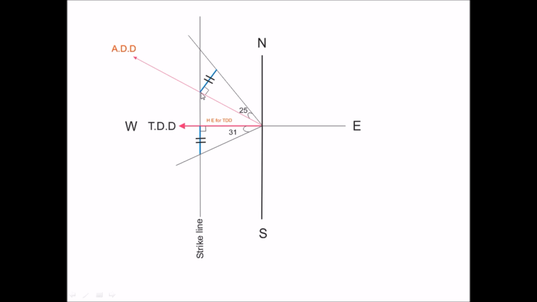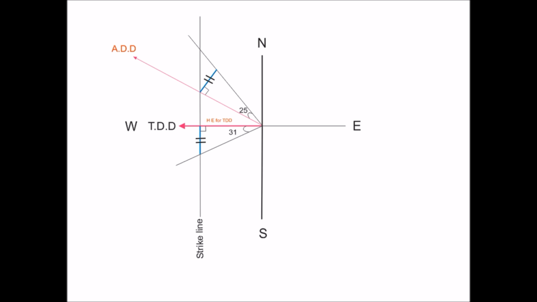So we draw a perpendicular line joining this line, and this determines the h for this given problem. So taking this h, we draw it perpendicular to the true dip direction, and then you join this from the point of origin, this point, and this will complete the right angle triangle for the true dip direction, and we can easily measure the amount, which is, say, 31 degrees.